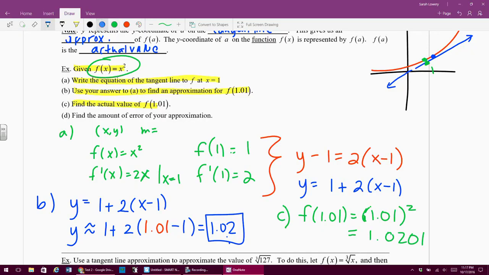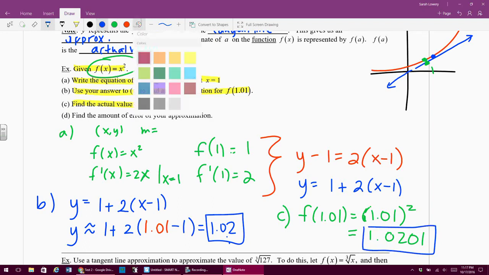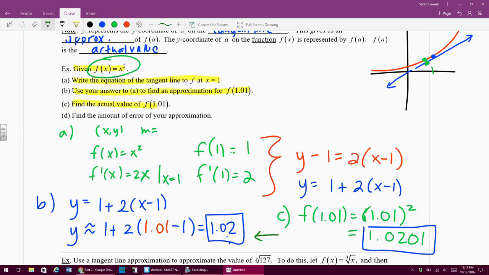So you'll notice that these two values right here are pretty darn close, and they should be, because what I've just done is used my x squared graph, and I've said, hey, here at this point 1, where I've got a tangent line, I'm going to use this tangent line to get a really, really close value right next to it. And I used my tangent line to approximate it.